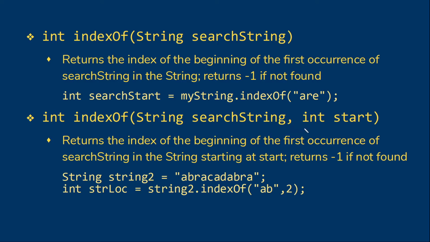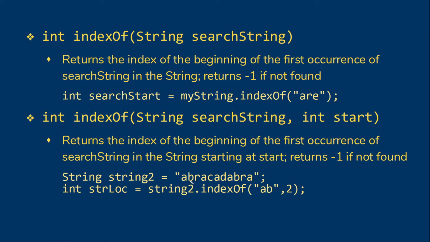Then we have one that will tell us a starting place. This first one starts at the beginning of the string. We can also feed it something where we specify to start from a given point. So if we had the string abracadabra and we said str2.indexOf, passing it "ab" but giving it the index 2, then it would start looking at index 2.